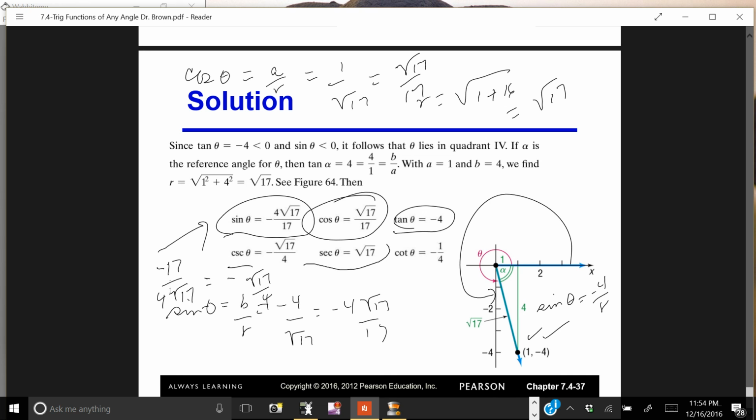Secant of theta would be 1 over cosine, which would be 17 over the square root of 17, equals the square root of 17. And cotangent of theta would be the reciprocal of tangent of theta, which is minus 1/4. And that is the lesson for today.